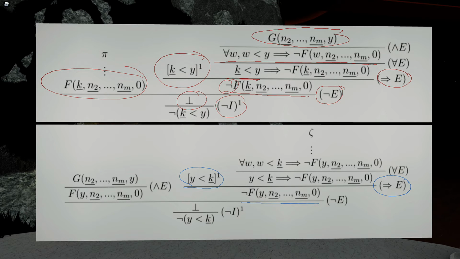And then don't forget that we're assuming G to begin with, and we just use a conjunction elimination in order to get the appropriate statement for F. And we've now proven the statement as well as its negation, so therefore we can use negation elimination and derive the bottom rule, from which we can then use a negation introduction rule with this hypothesis discharged. And now we have the respective proof that it's not the case that y is less than k bar.